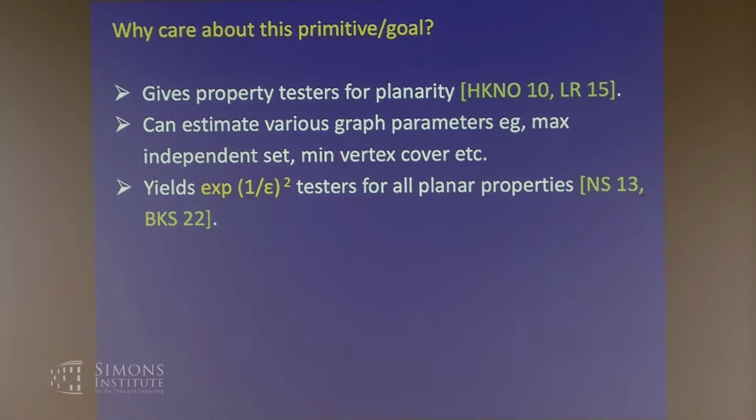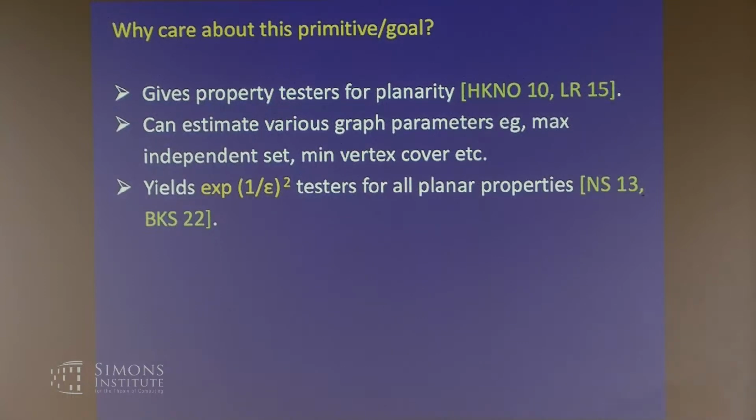What I mean is something like this. Think about planar and triangle-free, planar and Hamiltonian, planar and what have you, planar and perhaps an undecidable graph property. No matter what graph property you are given, you get a tester for it with query complexity merely exponential in 1 over epsilon squared. And we showed that this is tight. I hope that this answers why you should care about this goal.